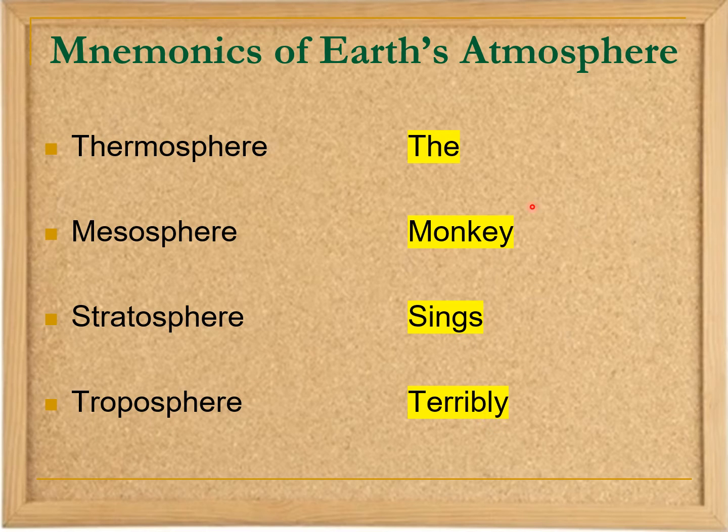Say it again: the monkey sings terribly. So what does it mean? T is for thermosphere, M is for mesosphere, S is for stratosphere, and T is for troposphere. Again, the mnemonic of the Earth's atmosphere is: the monkey sings terribly.